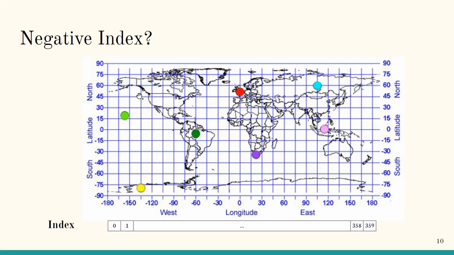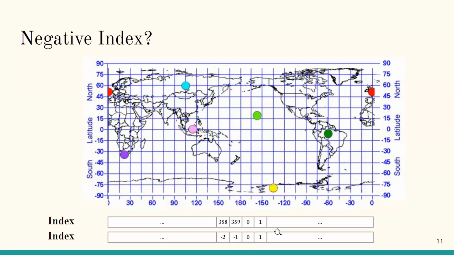So how do we look at the data for the Pacific? You have to go back and forth. For example, you have to look at the first 10 indices and the last 10 indices in your data, and that's not okay. It's going to cost you a lot of programming time. If you have negative index, it makes your life easier.